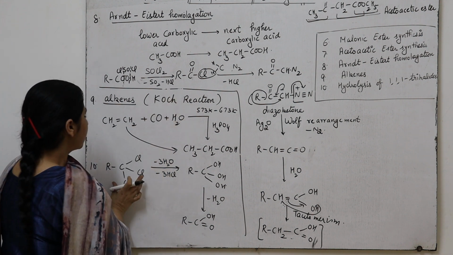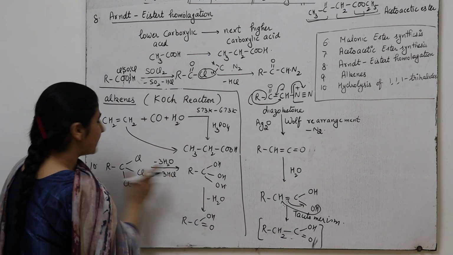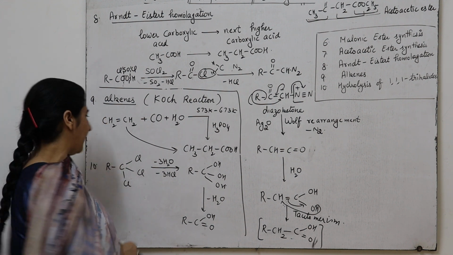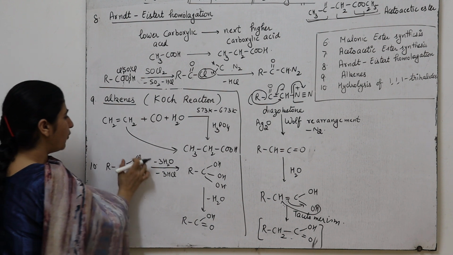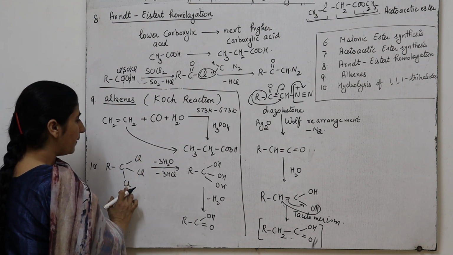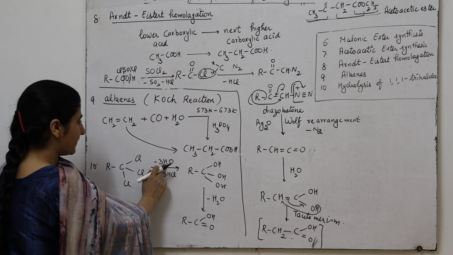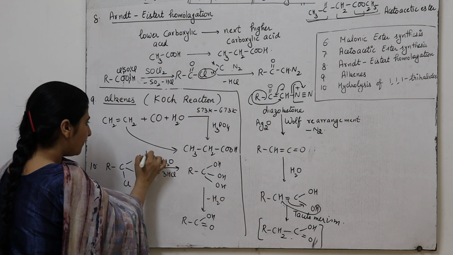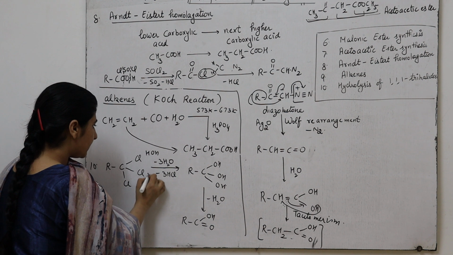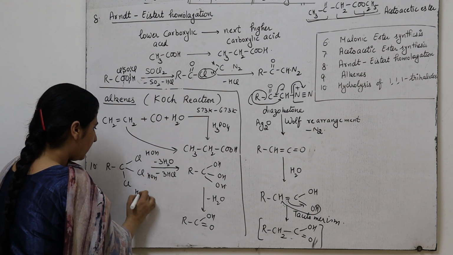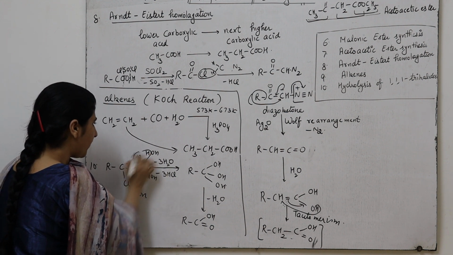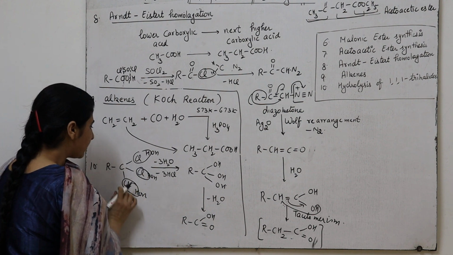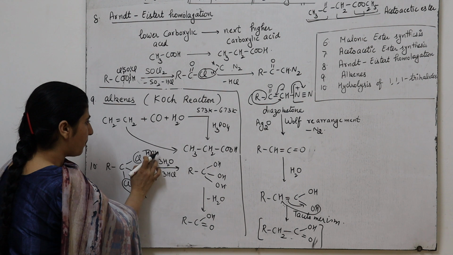And the last method of preparation of carboxylic acid is from the hydrolysis of a 1,1,1-trihalide. So here we have a 1,1,1-trihalide alkyl compound which undergoes hydrolysis. After reacting with water, there is a loss of 3 molecules of HCl, and the chlorine groups are replaced with OH groups.